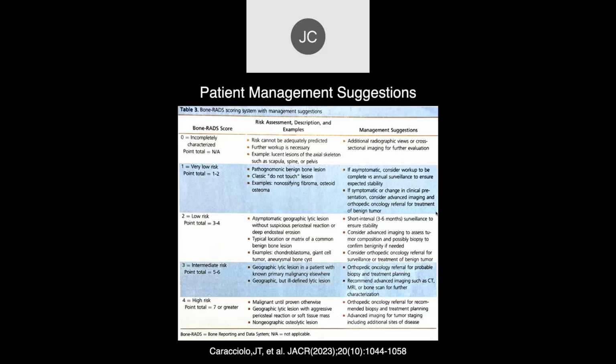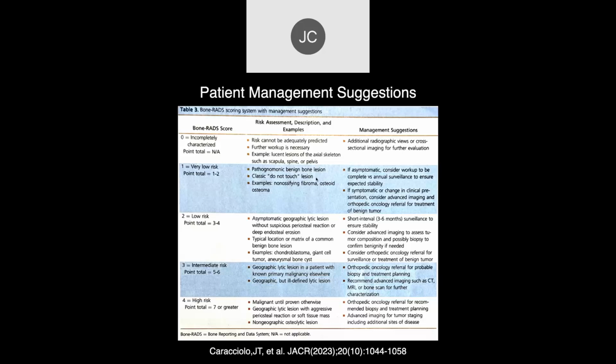So when you get this, you can add up the scores. If the lesion is a very low risk lesion, if it's pathognomonic of lesions that we know are benign, like a lot of the unicameral bone cysts and other things, you can just describe it and forget about it.